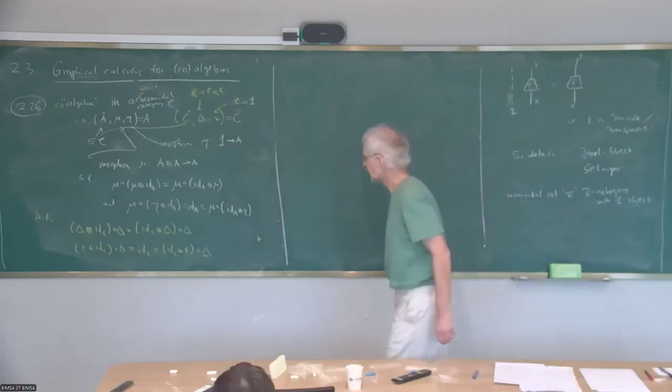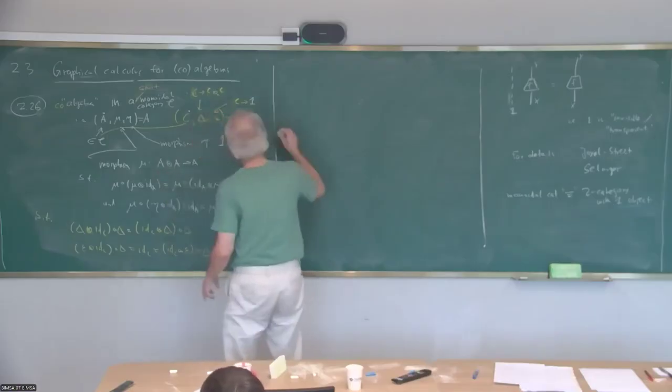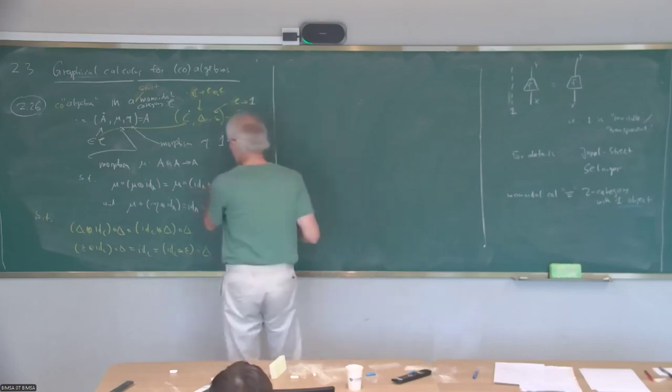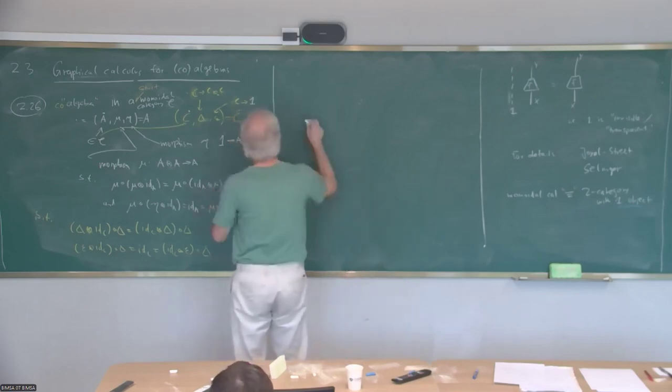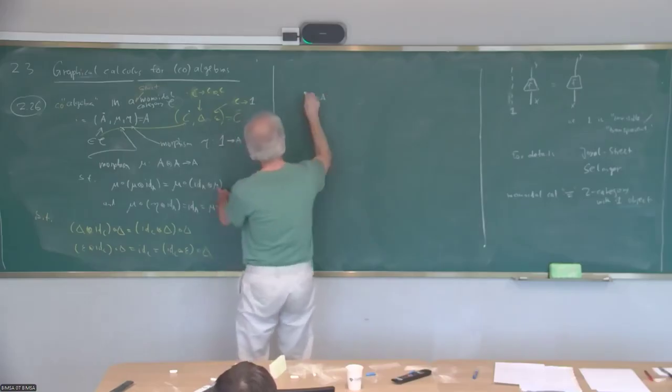Why? Because what is this here? This mu is a morphism from A tensor A to A. So here we have such a morphism.